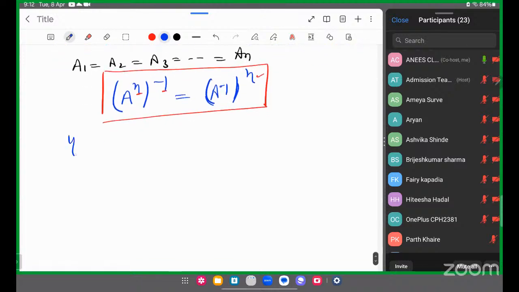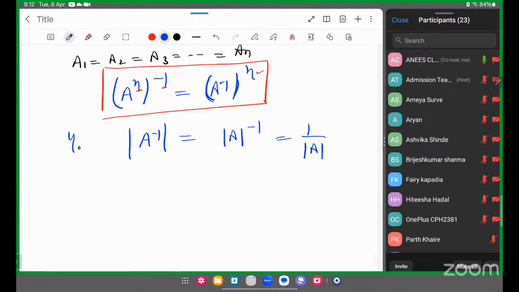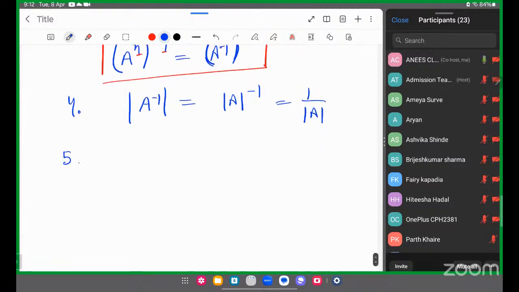Yes. Next property is number 4, which is determinant of A inverse, which will be 1 by determinant A. This is again an important point.